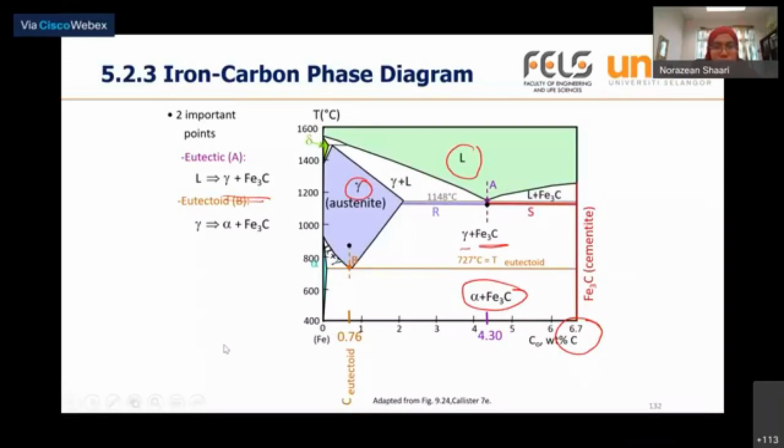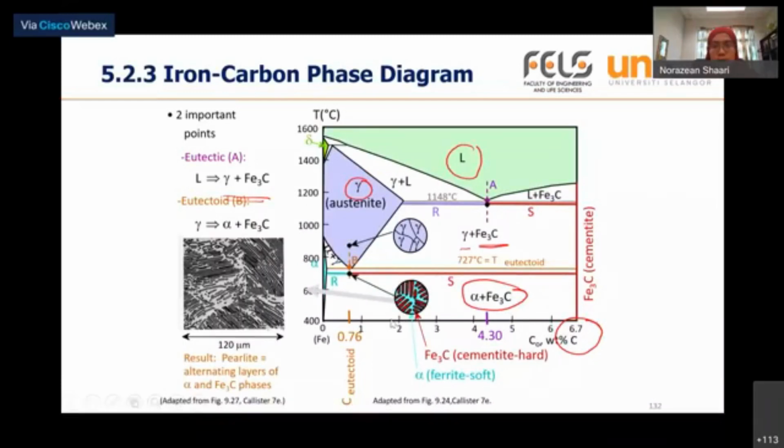This is the microstructure lah actually untuk eutectoid. So when we talk about iron carbon phase diagram ni, it is a phase diagram for a steel. And then kita tengok kadang-kadang untuk steel depends on the percentage of carbon added, and also at what temperature.